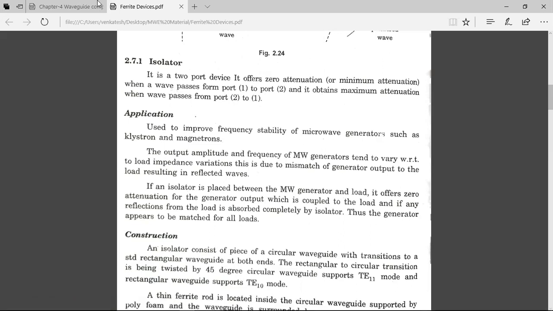Immediately next to the microwave source, we use this isolator. It's very important. You can remember this. This is a rectangular waveguide where we have used the reflex klystron mount. The reflex klystron diode is used over here, and immediately next to this we have used the isolator.